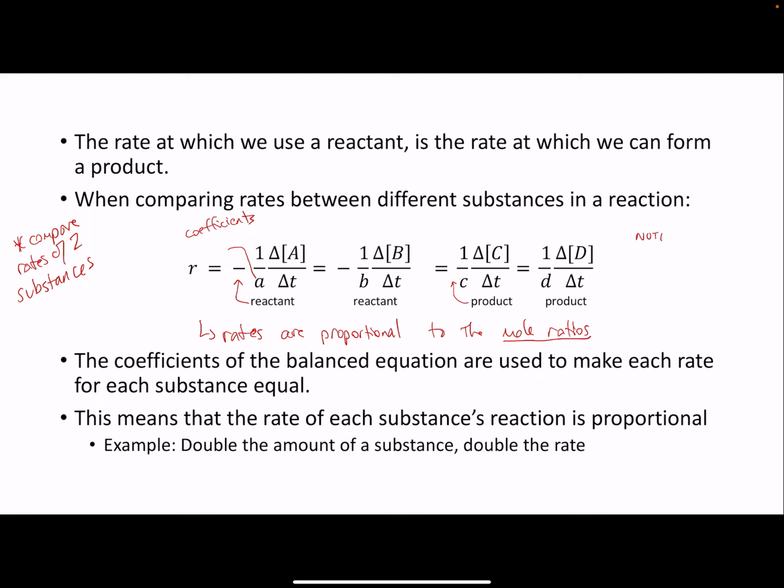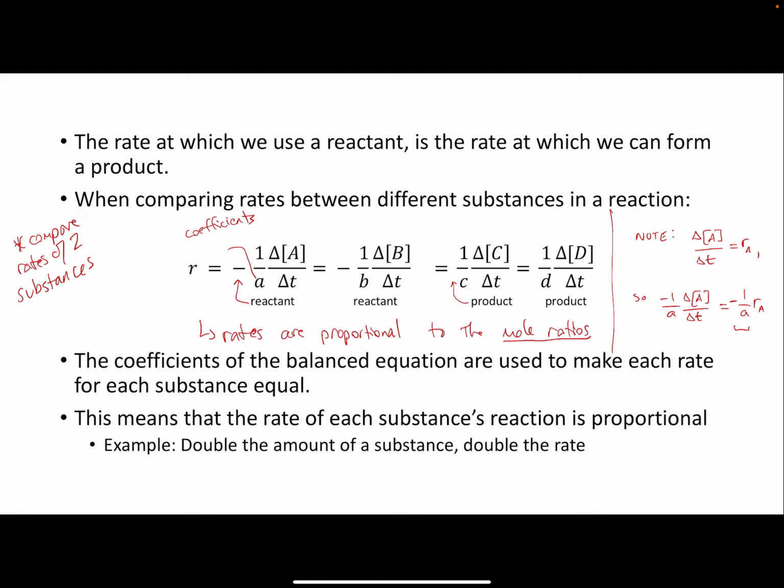So what we want to note here, just before we go on, is that the change in concentration of substance A divided by time is equal to the rate of A. In this case, I'll draw a little line here: negative 1 over A times change in concentration over change in time. This is just one component of the ratio, which is really equal to 1 over A times the rate of A, and this component factors in the mole ratio.